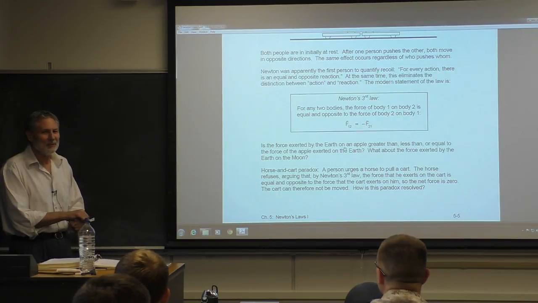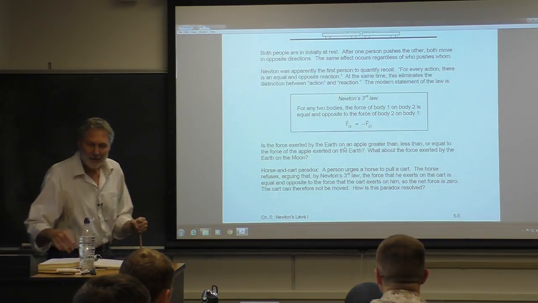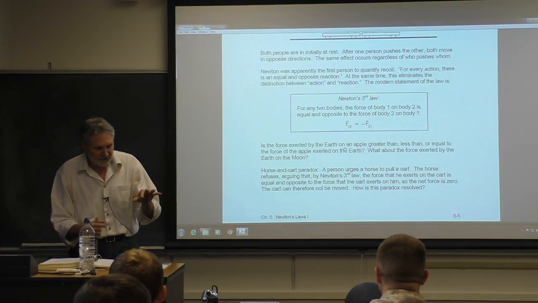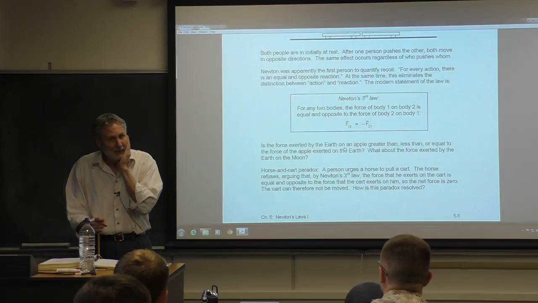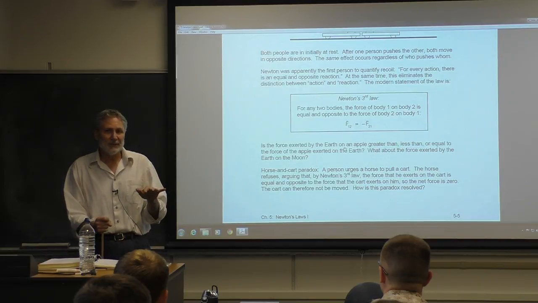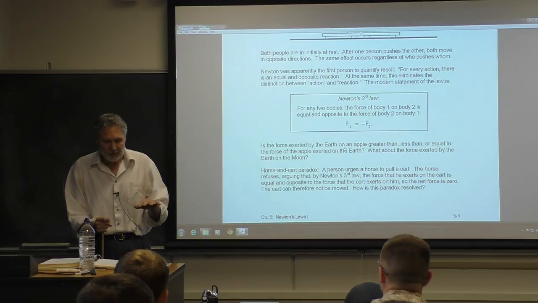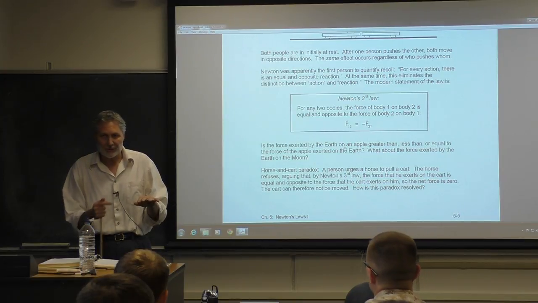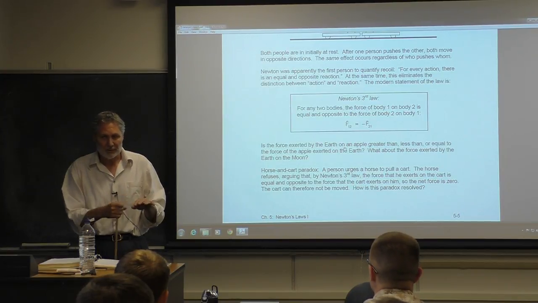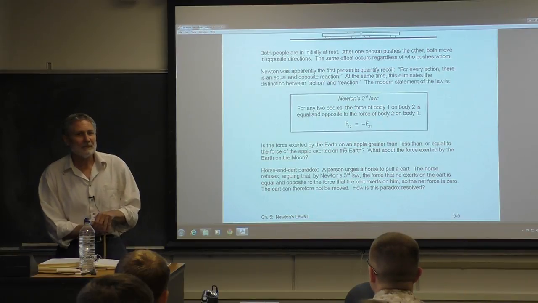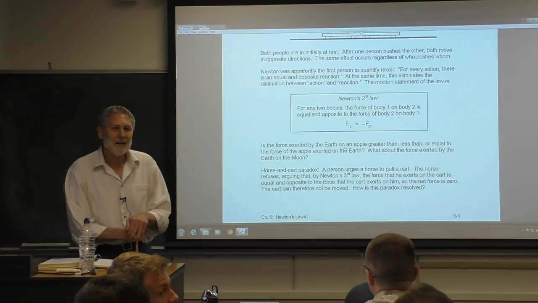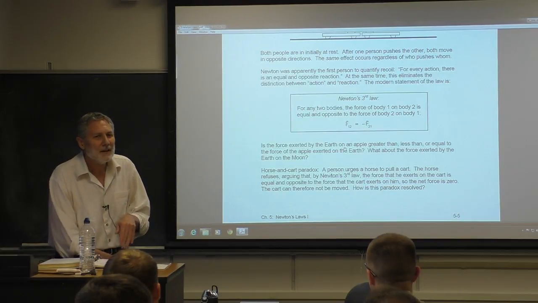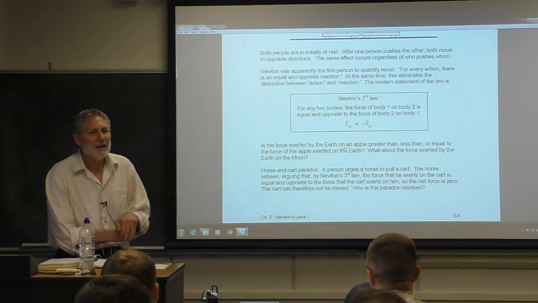So what's going on here? We've got this cart, right? This person's trying to get the horse to pull the cart. It is true, what the horse says. The force that the horse exerts on the cart is equal and opposite to the force that the cart exerts on the horse, okay? Well, actually, the whole time we've been talking about force, where the object's not moving, it's not really a force because acceleration is 0.